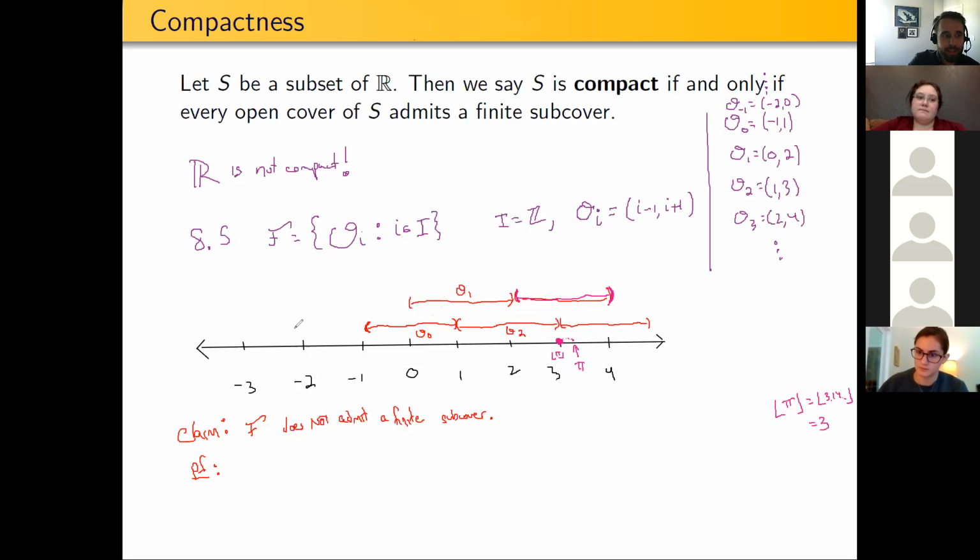So Emily, you were saying that every individual integer is only covered by its own specific set. So for example, the integer 1 doesn't fall under this set, it doesn't fall under this set, it only falls under this set. Yes. Right? And so every single set contains exactly one integer.